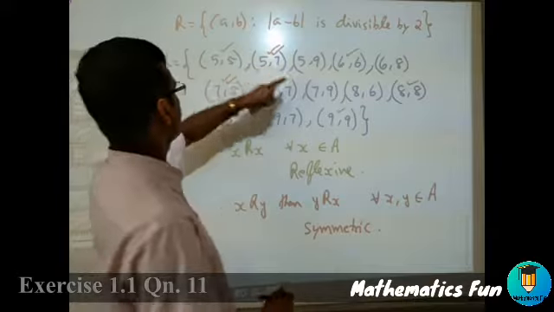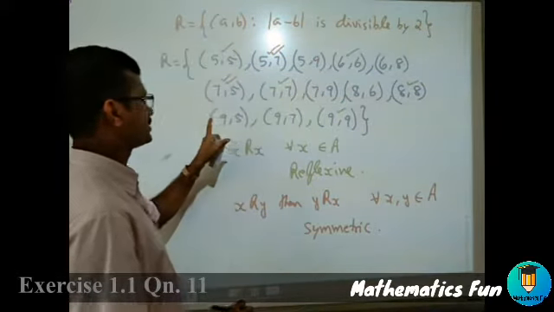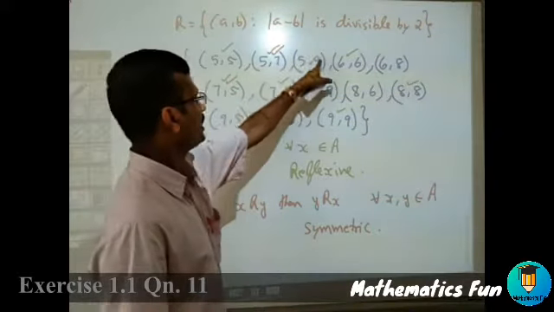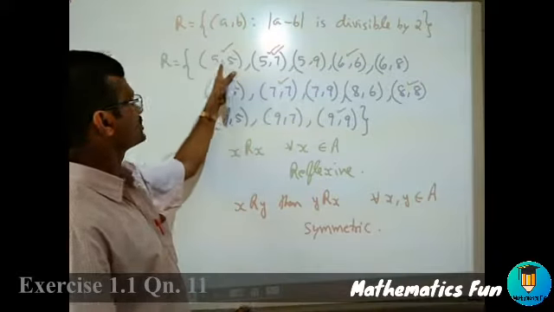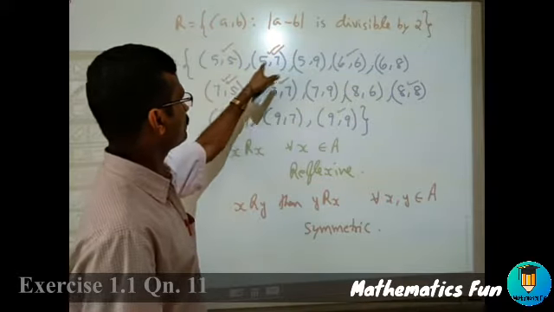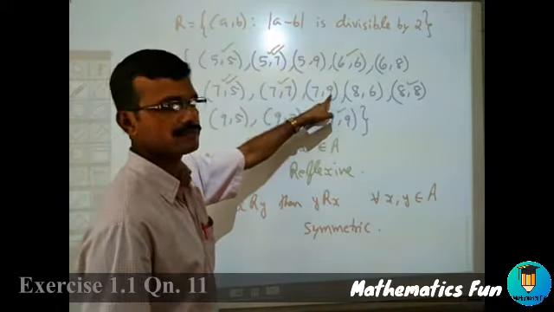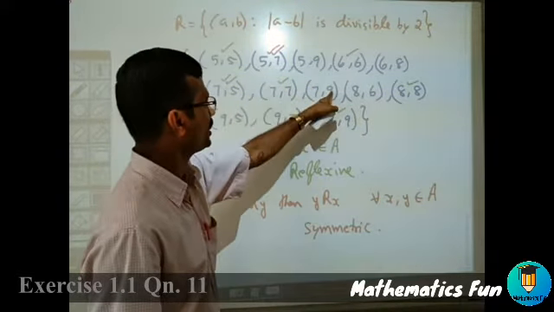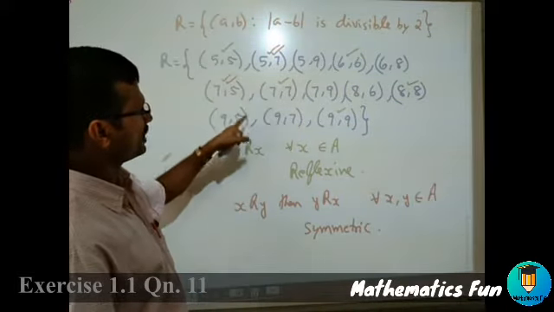Let's see, 5, 9, then 9 is related with 5, so 5, 9 is related to 5, then we need 5, 5, so it is there. Or if you go for another, like 5, 7 and 7, 9, then we need 5, 9. Is 5, 9 there or not? Check 5, 9.